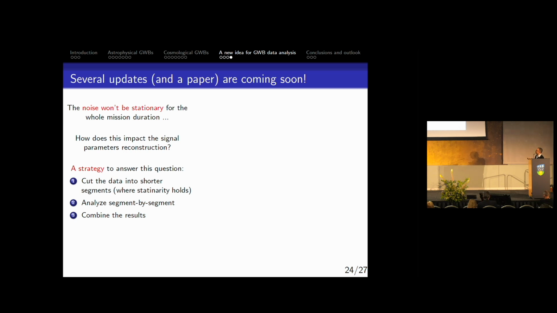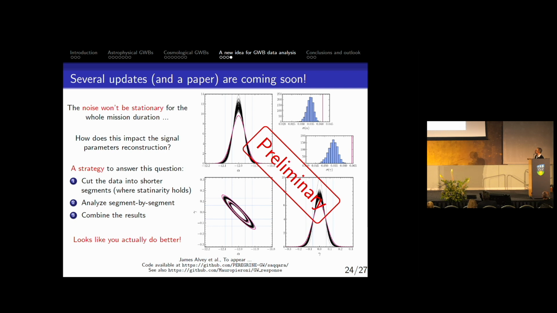I cut my full LISA duration into segments. Segment by segment, I analyze, and then I combine. What we learn, first of all, which is totally non-trivial and pretty interesting, is that if you take the constraints where the noise parameters are constant, it is this orange line, and in black you see many realizations where now I'm drawing randomly these noise parameters segment by segment.